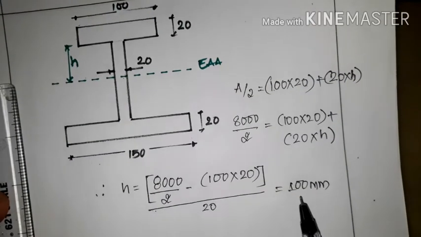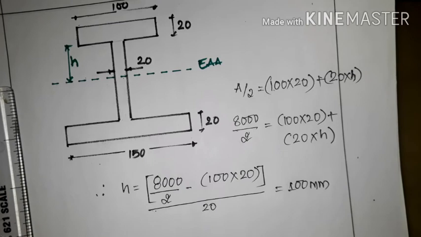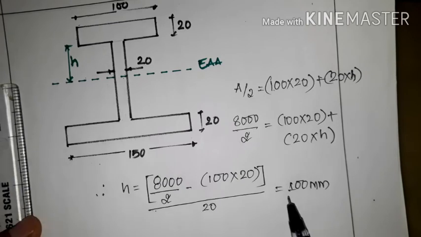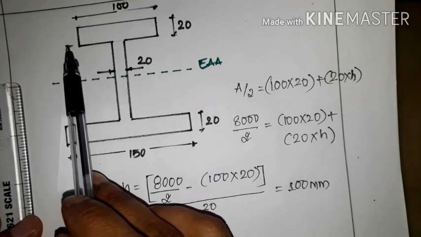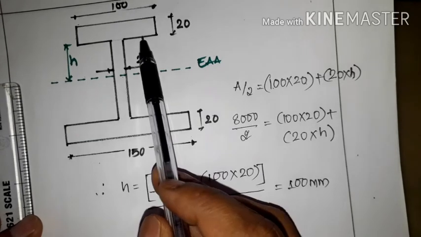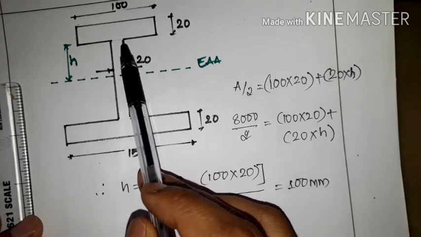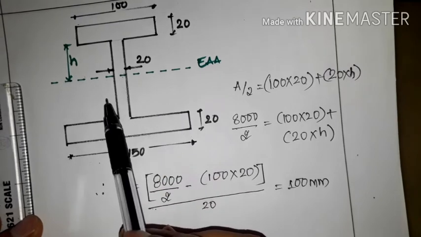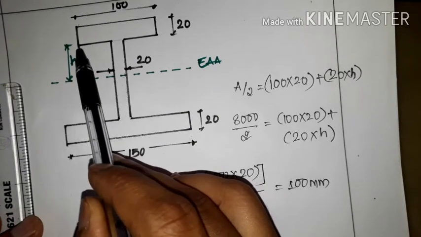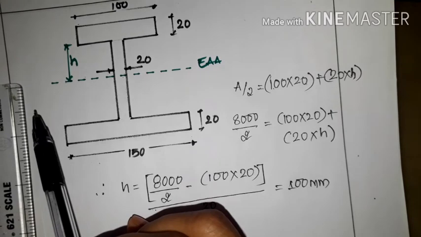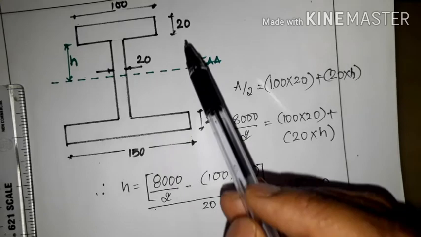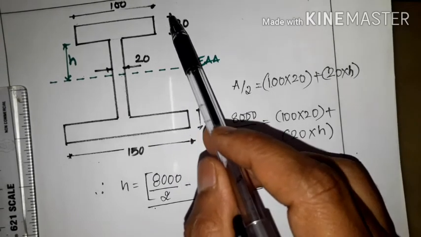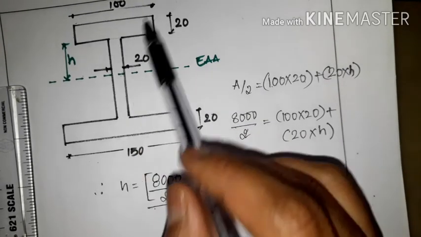Okay, so we got the location of the equal area axis by this. We can say that the location of the equal axis is at a distance of 100 mm from the bottom face of the top flange, or it is 100 plus 20, that is 120 mm from the top flange.